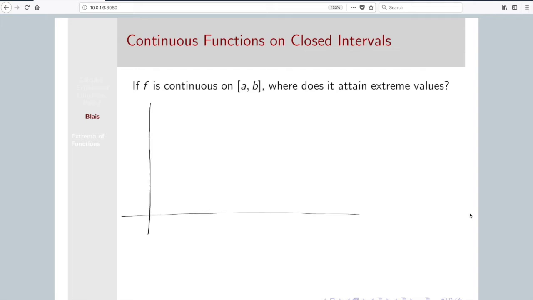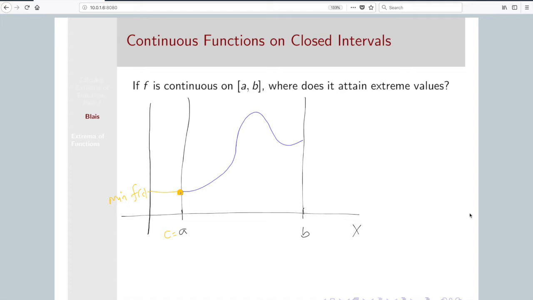Perhaps we have a function that's defined on this closed interval [a, b], and maybe its minimum happens at the left endpoint. So we see the minimum here, which we're calling f of c. So in that case, our c, where the minimum occurs, is the left endpoint.